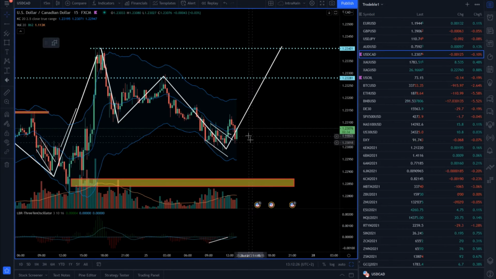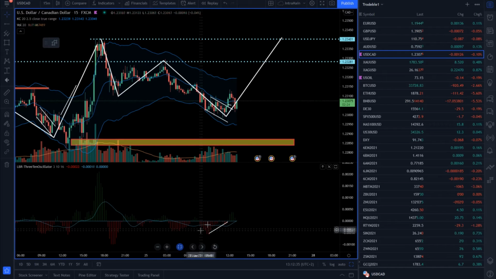Now, there is one thing here. In the last few hours on USD Canadian dollar, the sellers actually lost their interest, and we can see that through the bull divergence on the 310 oscillator.